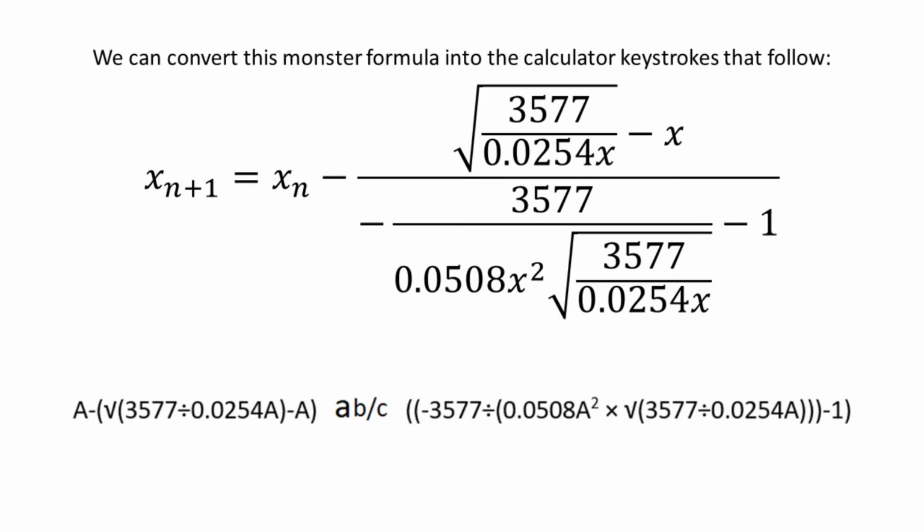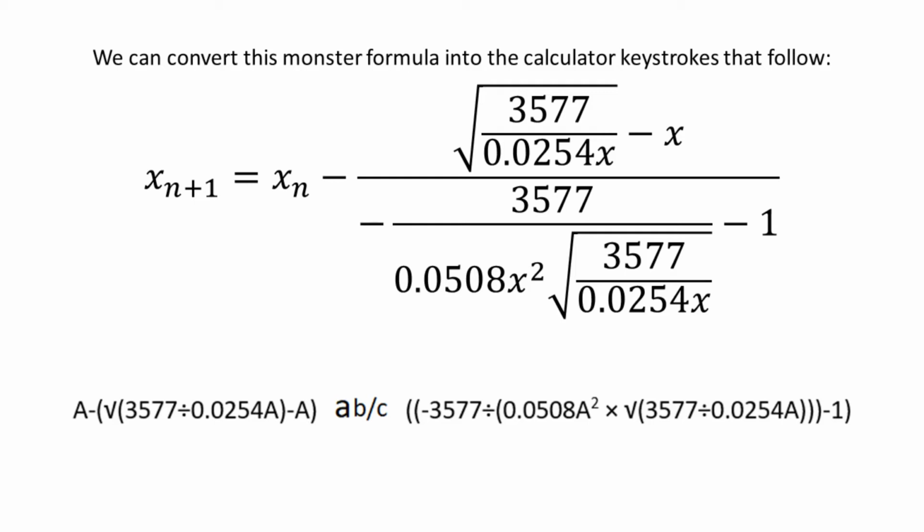All right? Now, be happy you have a calculator, because in the old days they had to do this with a slide rule. In fact, you can see some clumps there. You'll notice that the radical 3577 over 0.0254x, you could actually use that as just a single unit and eventually replace it.